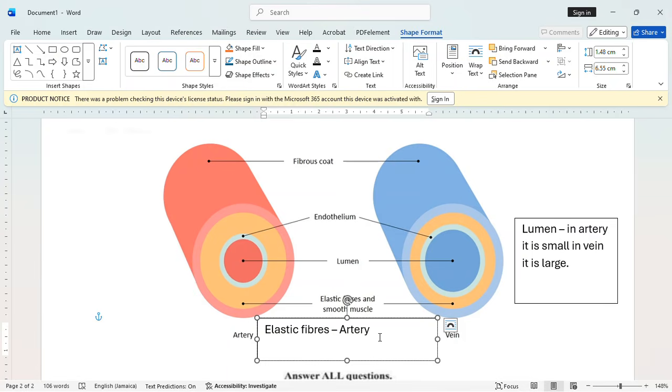It looks thicker. Look at the width of it versus the width of it when it is in the vein. Yeah?